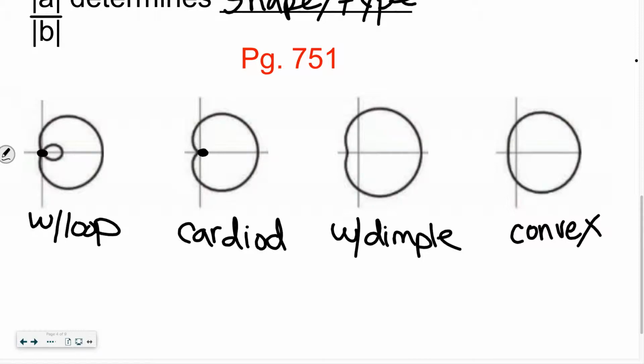All of these other ones, like the limacon with a dimple, I could connect these 2 points and my line would be outside of my shape. So those are non-convex because that can happen on all of them. But this one is convex, so think about it almost like a circle, but it's kind of flat on one side. And how flat it is depends on the ratio of A to B.